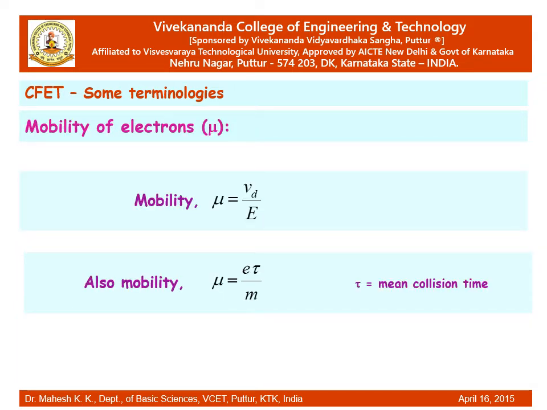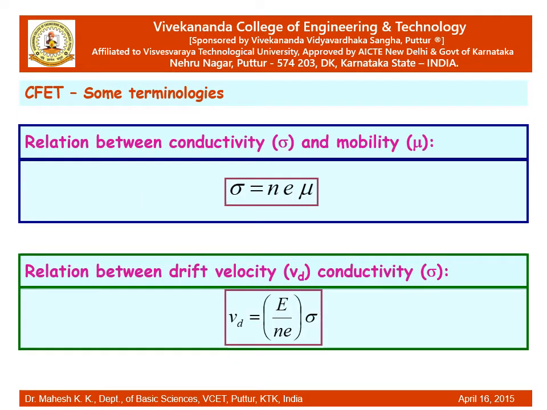Next is mobility, which is represented as mu. We have two equations here. One is mu equal to Vd by E, where Vd is the drift velocity and E is the electric field. Another equation is mu is equal to e tau by m, where e is the charge, tau is the mean collision time, and m is the mass of the electron. Next we have an equation for the conductivity, that is sigma is equal to n e mu.